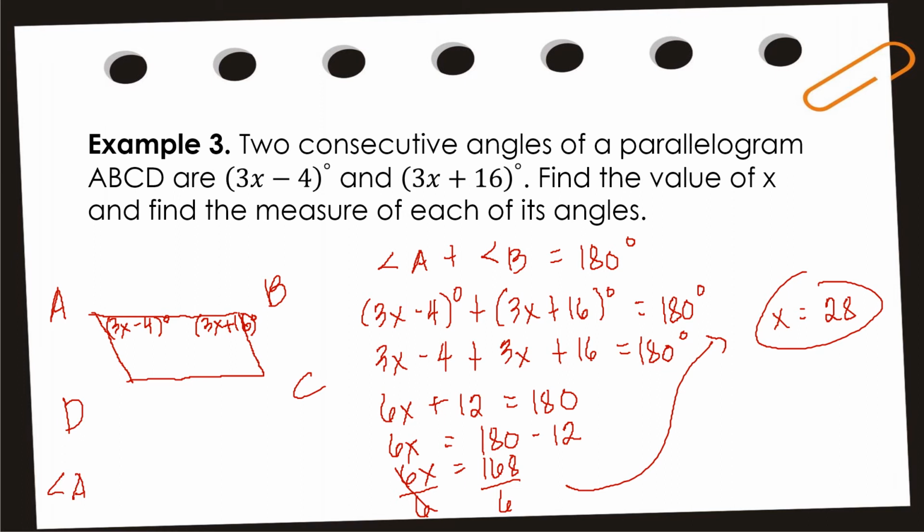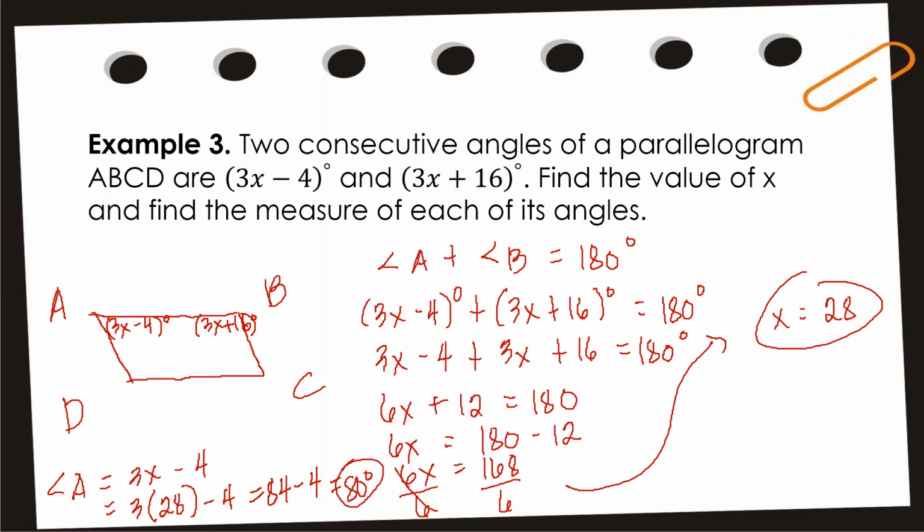Angle A is 3x minus 4. So we have 3 times the value of x, which is 28, minus 4. 3 times 28, that is equal to 84. So we have 84 minus 4, and that is equal to 80.